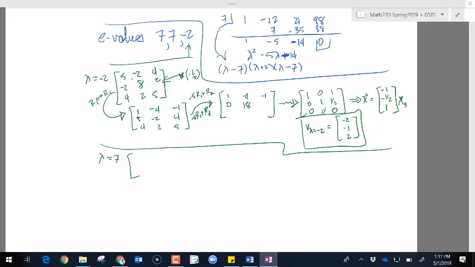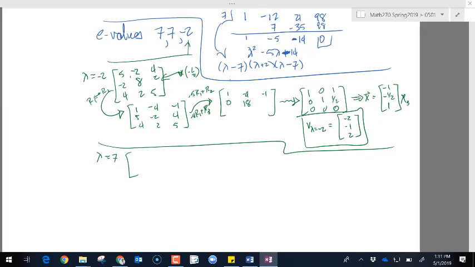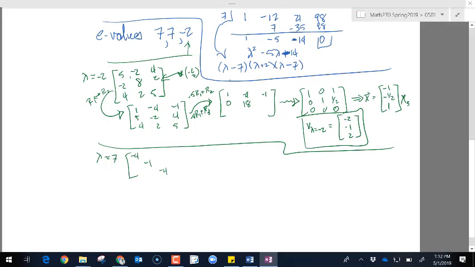We're going to subtract 7 from the diagonals. That would be 3 minus 7, -4. What was this before? 6 minus 7, -1, and -4 again. All right, can you guys REF that so we don't have to? I'm hoping we get 2 rows of zeros, right?